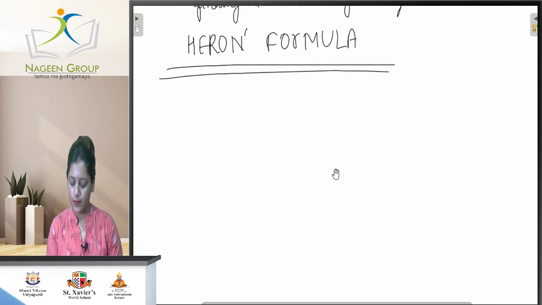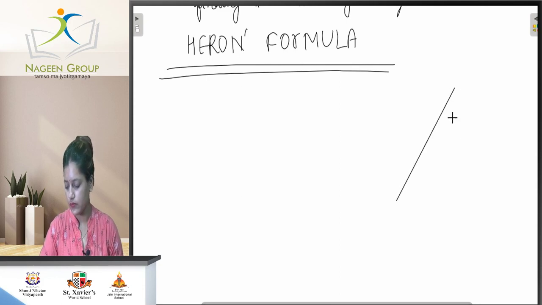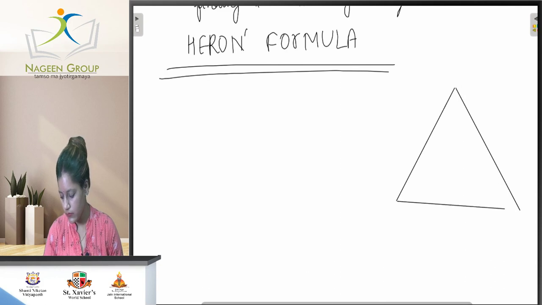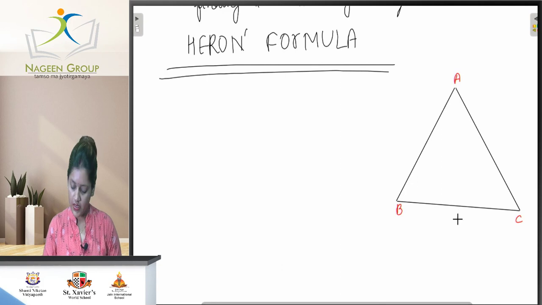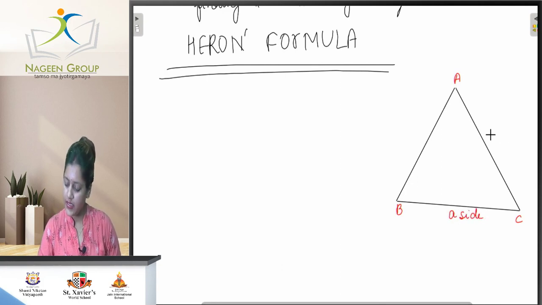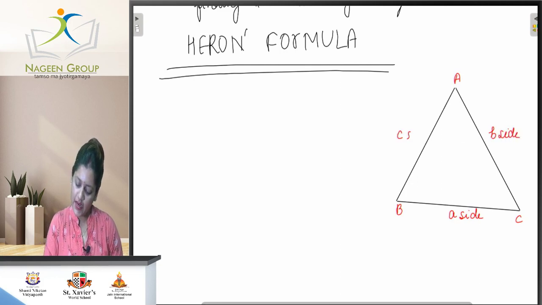Okay, now let's make a triangle. This is a triangle. We have named this triangle ABC and the side names as a side, this is b side and this is c side.